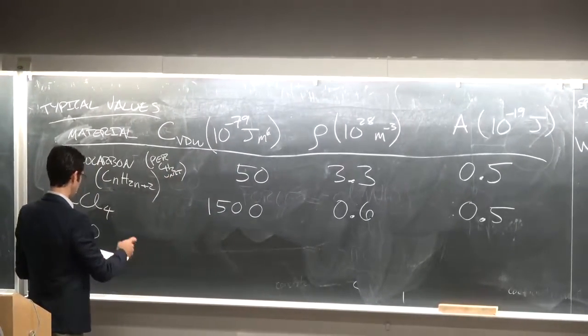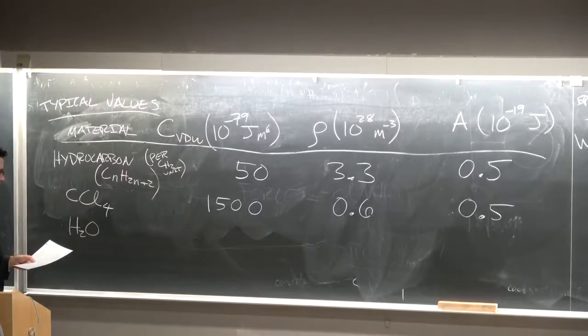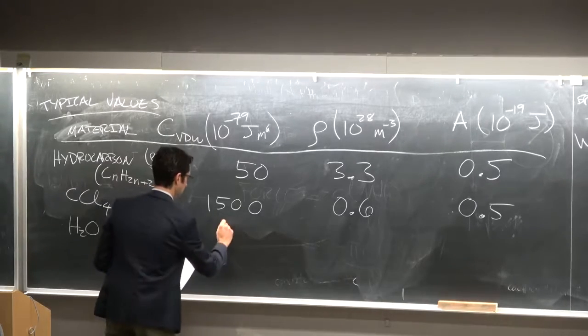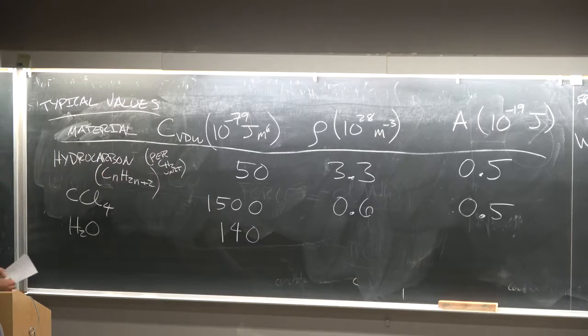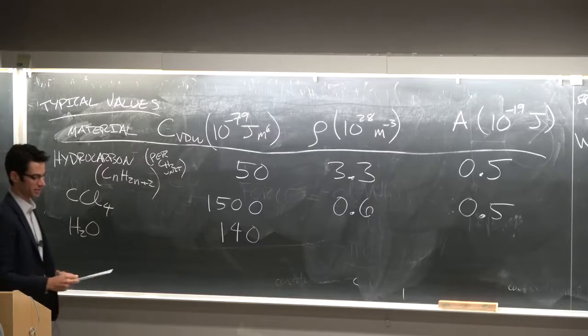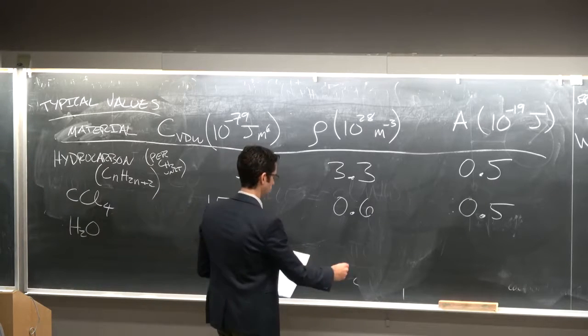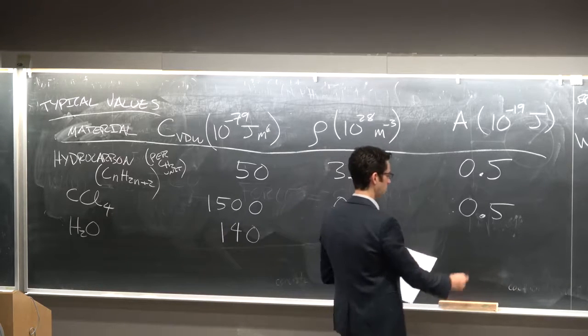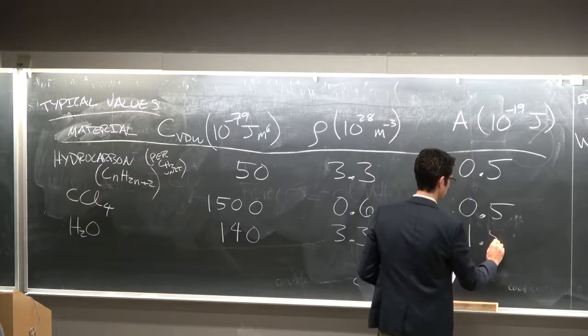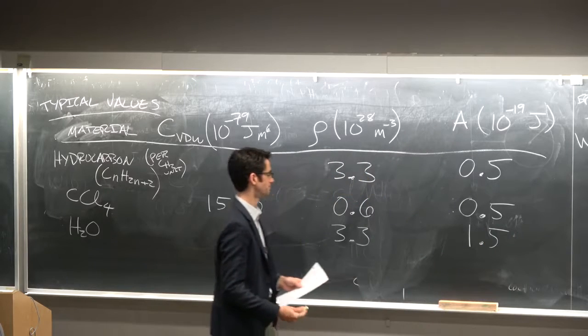Okay, so water. Water has a Van der Waals coefficient of 140, so it's less than CCl4, but it's pretty high compared to a hydrocarbon because of the hydrogen bonding. Its density is 3.3, and its A parameter is 1.5.